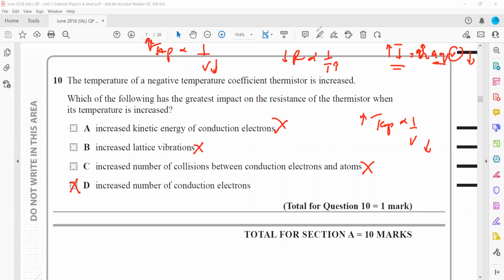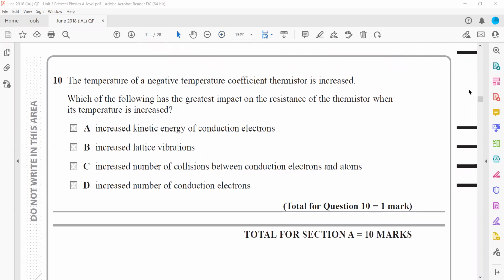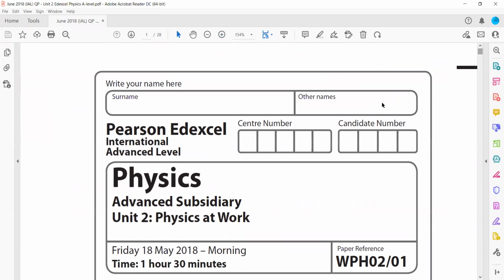So for a semiconductor, an increase in temperature will increase the charge carriers. As a result, more charge carriers, greater conduction of the movement of the charges, so the current will also increase. So this was June 2018.